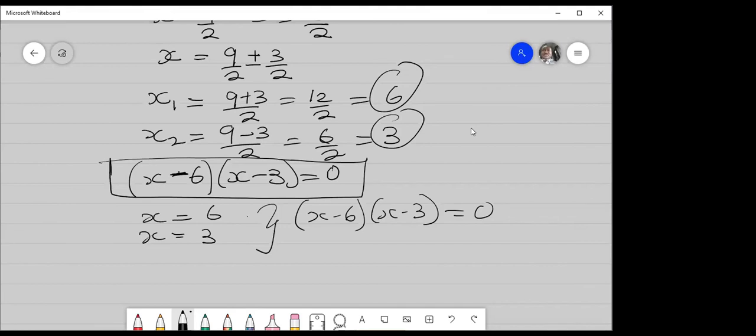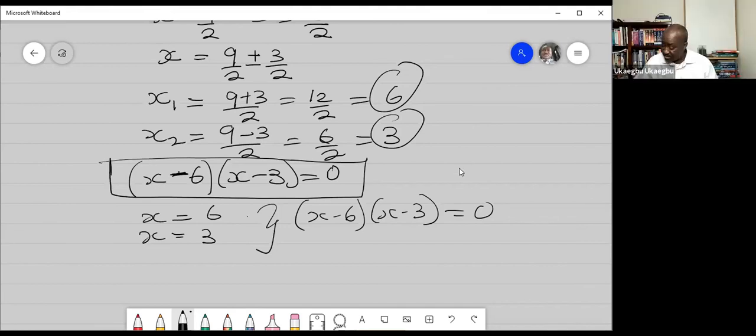All right, so now let's quickly check. I believe this is correct, but let's quickly check for clarity. x times x is x squared. x times negative 3 is negative 3x. Negative 6 times x is going to give you negative 6x.